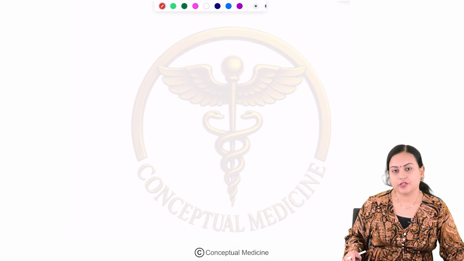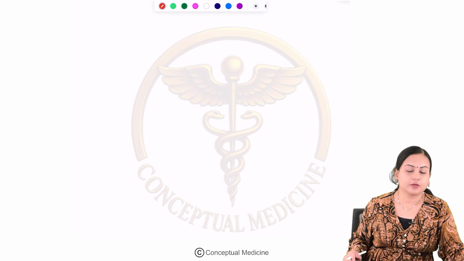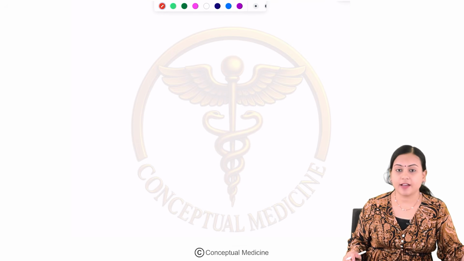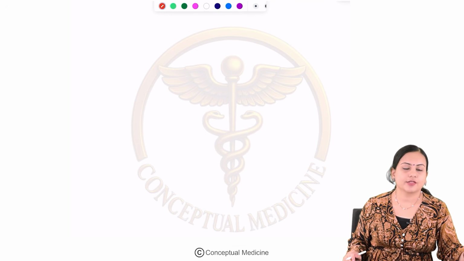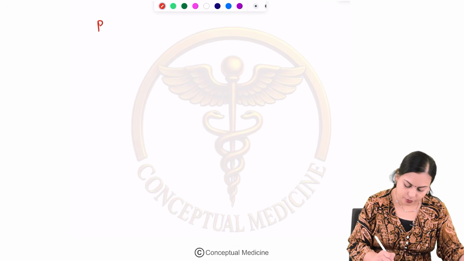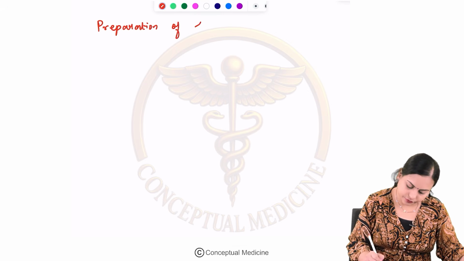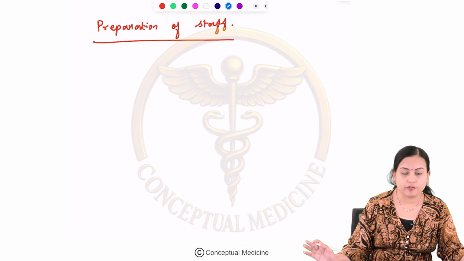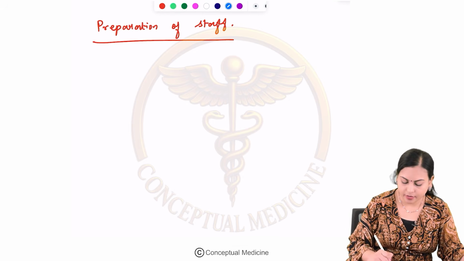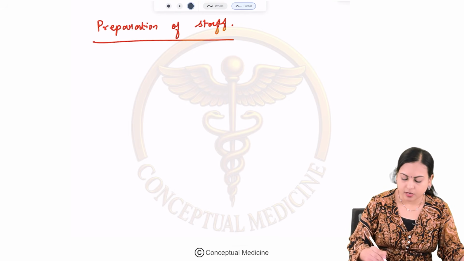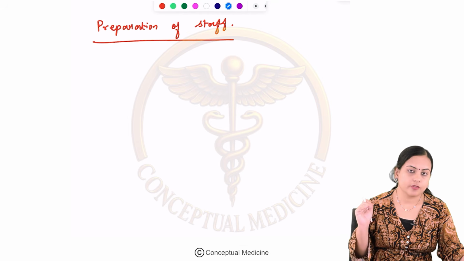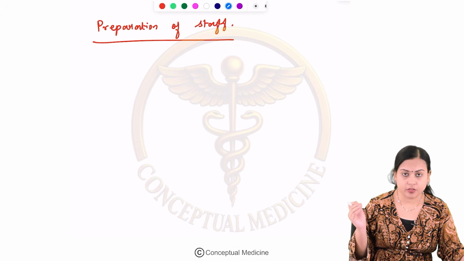Now, it is not only necessary that we prepare the mother, we have to prepare the staff around also in case of operative vaginal delivery. Okay, so we will see what we have to do. So, preparation of staff. The obstetrician who is going to perform the procedure should have an adequacy of skill.